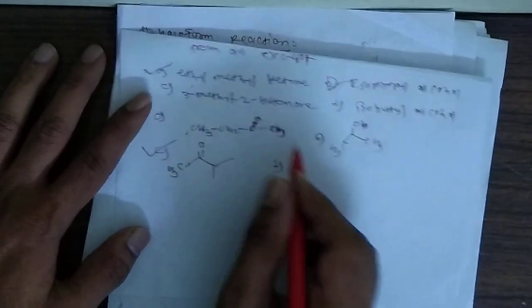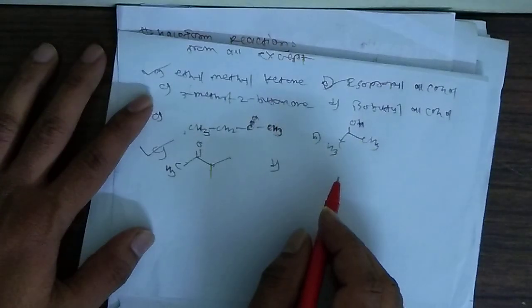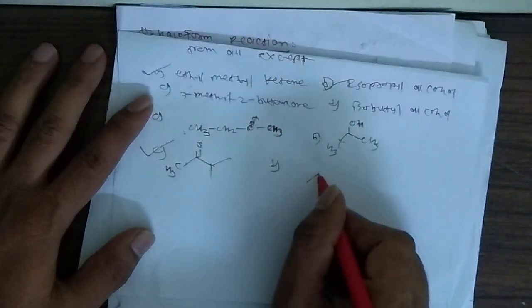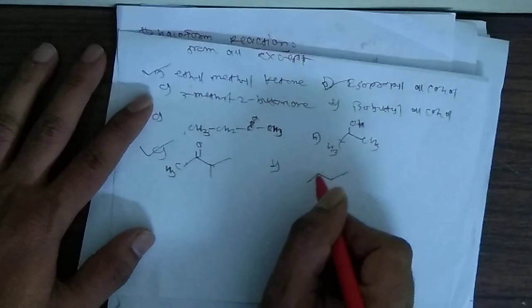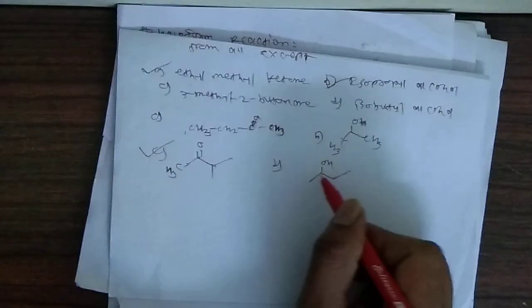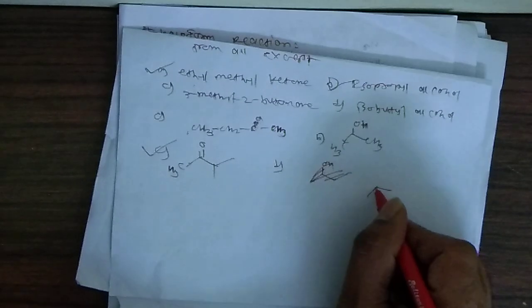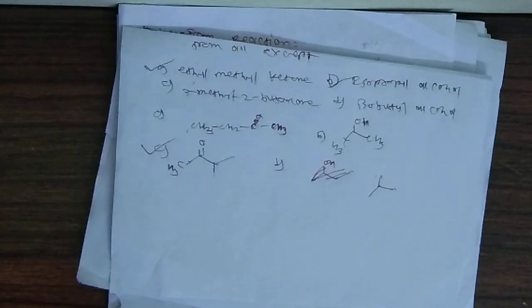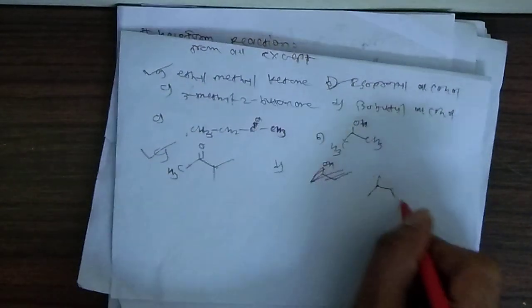Now comes D. Isobutyl alcohol means methane, ethane, propane, butane, OH. Sorry, this is not the structure of isobutyl alcohol. First draw the isobutane. This is the isobutyl alcohol.